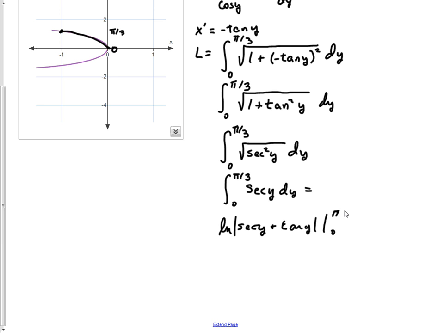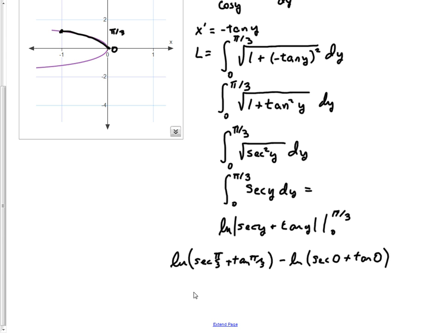So let's see what that's going to look like when we substitute in our numbers. We want to take a natural logarithm of the quantity that we get when we take the secant of pi over 3 plus the tangent of pi over 3. And from that, we're going to subtract the natural log that we get by taking the secant of 0 and adding the tangent of 0.